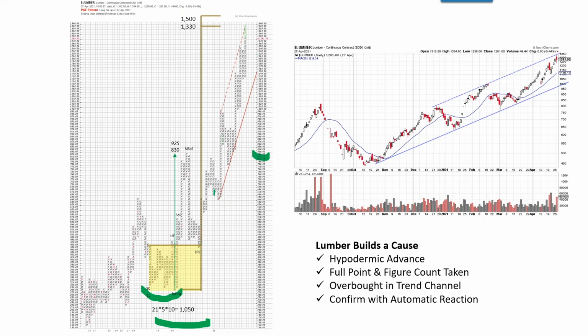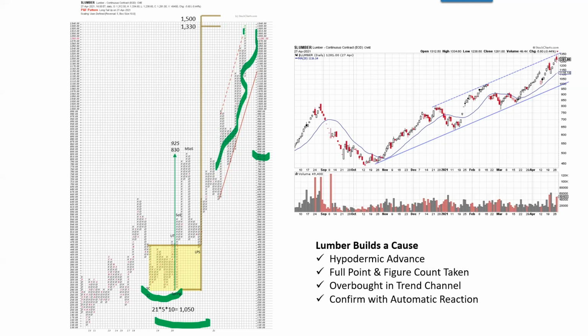Well, look here also, look at the trend channel. And we talked about that in this market cycle model that we looked at earlier. Well, here's the uptrend and up to the top of the channel, which is also an objective for lumber. Does it mean lumber's going to go down from here?